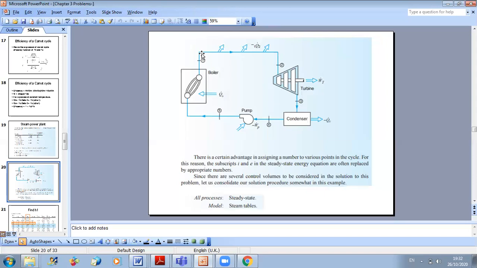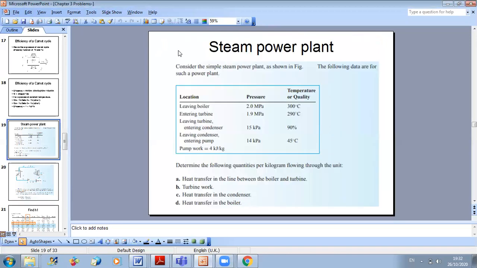So in general, it will be in the superheated region, okay? So you can estimate, and anyway, you can verify your assumption after when you go to your tables. So I will say that for the boiler here, I estimate that I am in the superheated region. When I leave the boiler, it's superheated. Okay, now let us move to the second condition for the turbine.